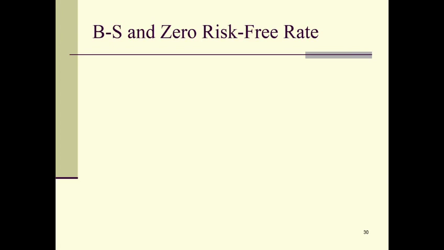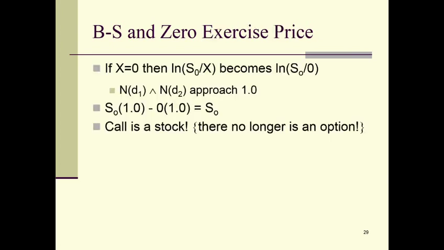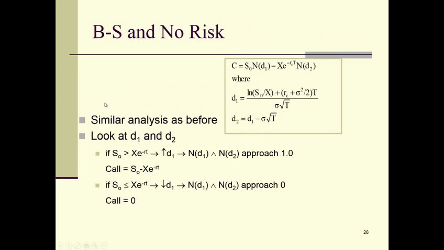But again, a call is not the same as a stock, although when X is equal to 0, it's similar, which is why if you look at the formula here, S N(d1) minus the present value of X times N(d2), right? So if X is equal to 0, then this term goes away. So C becomes S times N(d1), right? Now, we don't say that C is equal to S. It's equal to S times N(d1).